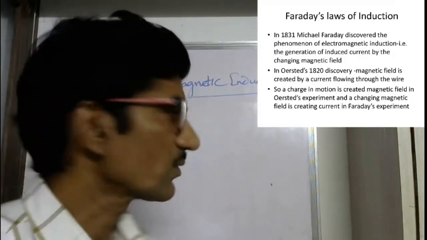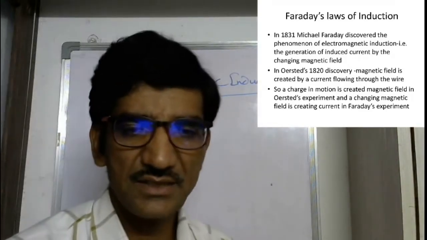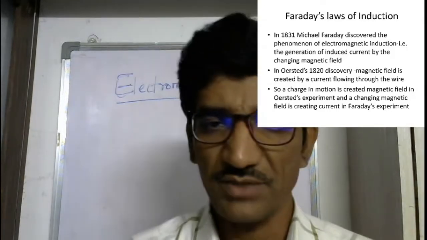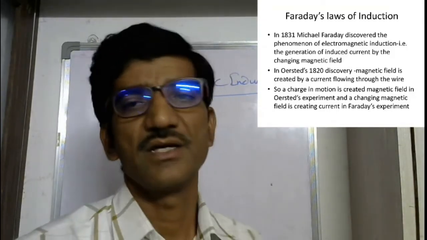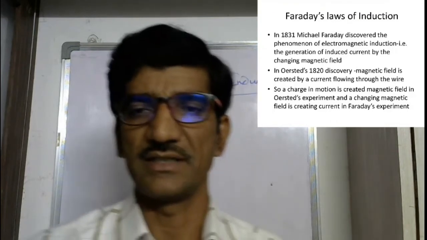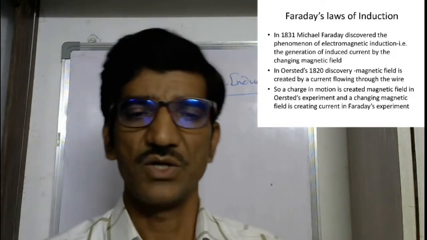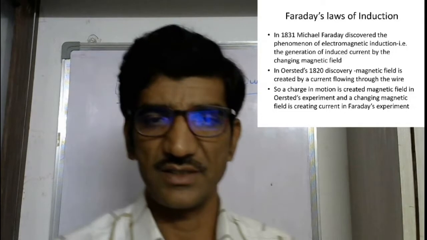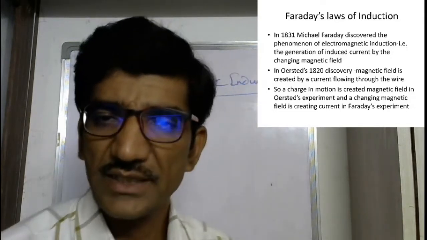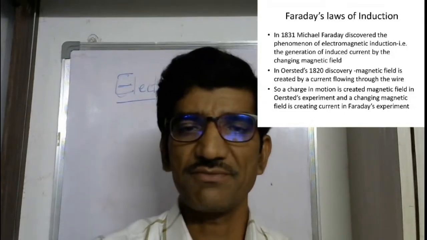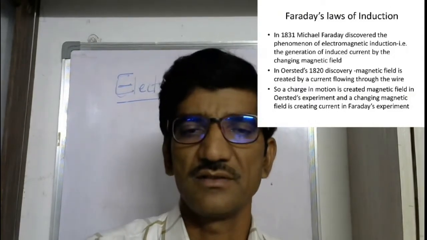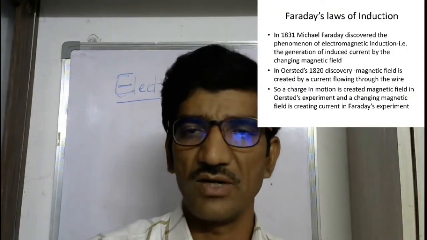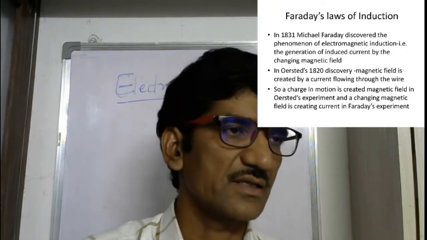Now we are going for another major discovery which is of very fundamental importance. This discovery was made by Michael Faraday, the great scientist who discovered so many things in his lifetime. Michael Faraday discovered in the year 1831 a new phenomenon called electromagnetic induction.